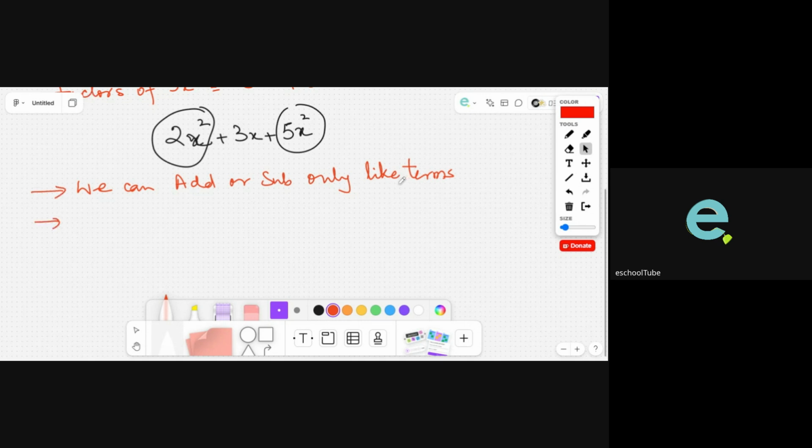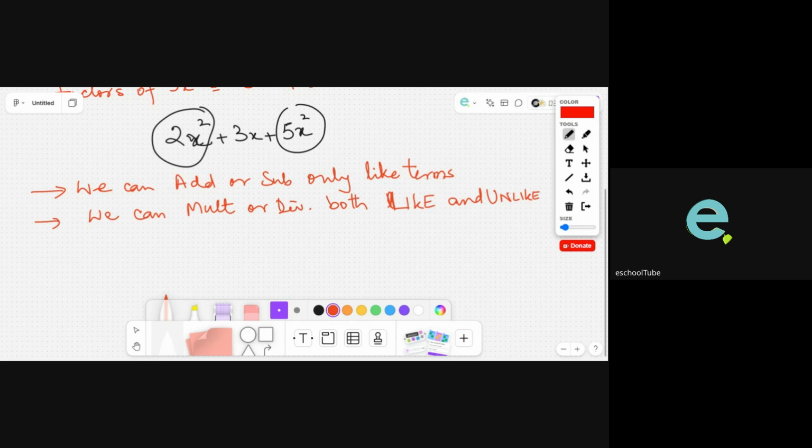But अगर unlike है, we can multiply or divide both like as well as unlike. ये याद रखना है, important है.